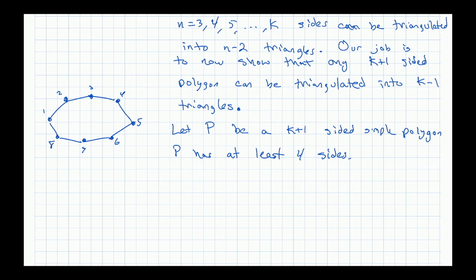Now, what does that mean? Well, if it has at least 4 sides, then P must have an interior diagonal, by the lemma that we did not prove. P has an interior diagonal.